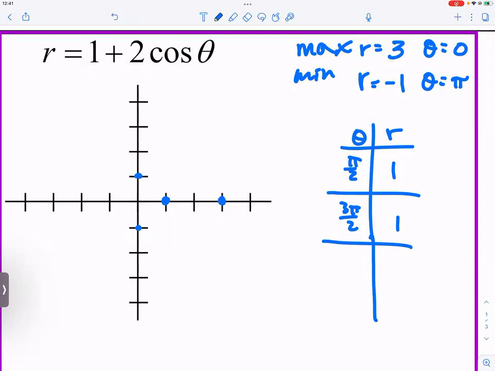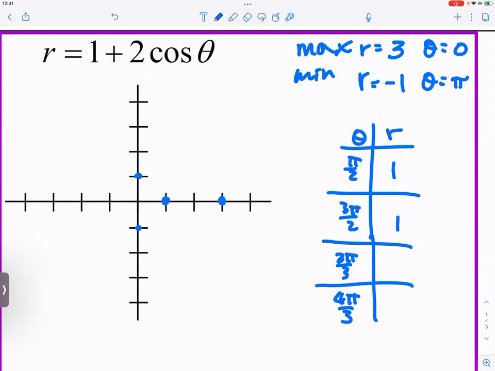Now, there are other values that's worth mentioning, such as quadrant 2 and quadrant 3, which would be 2 pi over 3 and 4 pi over 3. If you look at these two values, what's cosine of 2 pi over 3? Well, cosine of 2 pi over 3 is -1/2.